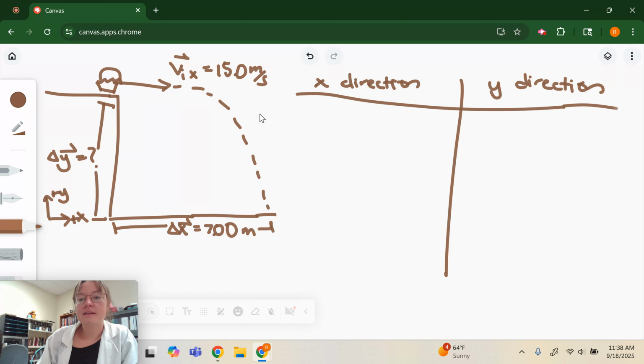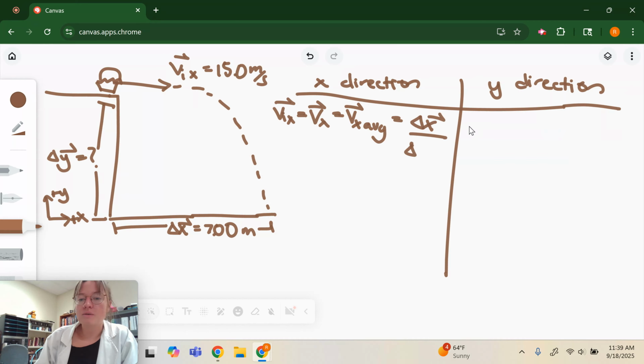In the x direction, we have constant motion, which means my initial velocity in the x direction will equal my velocity in the x direction all the time, which will be my average velocity in the x direction. So that is most certainly true. Because I have a v average in the x direction, this is going to equal my delta x over my delta t.